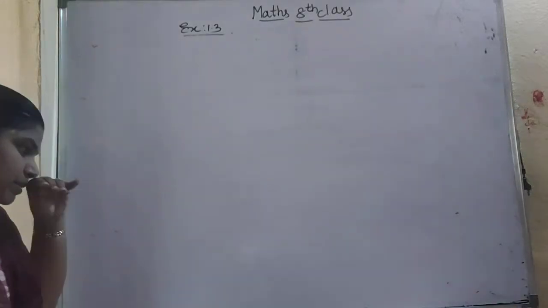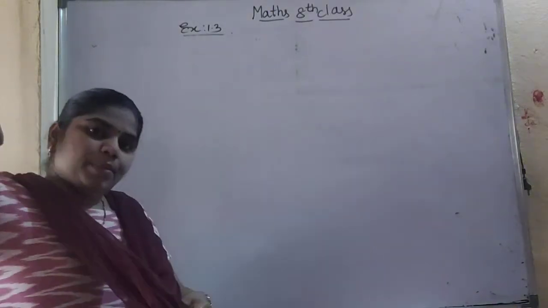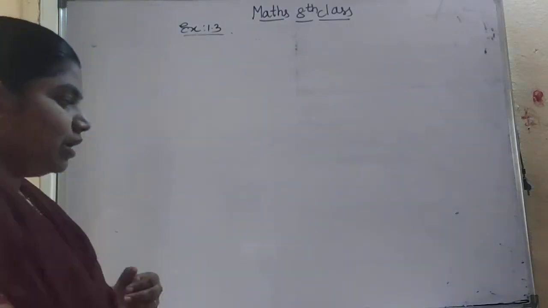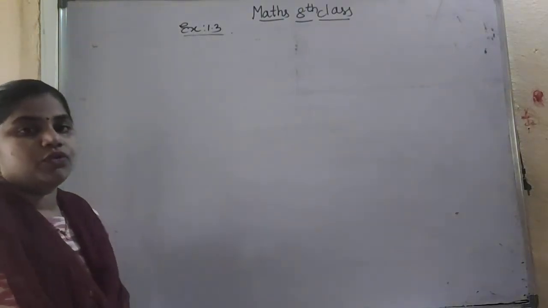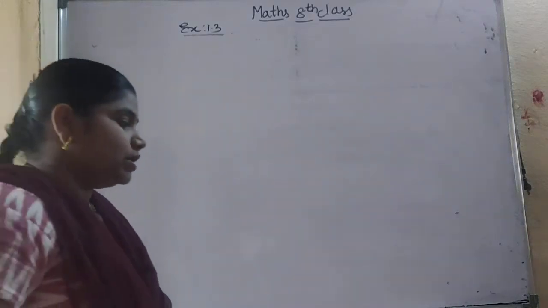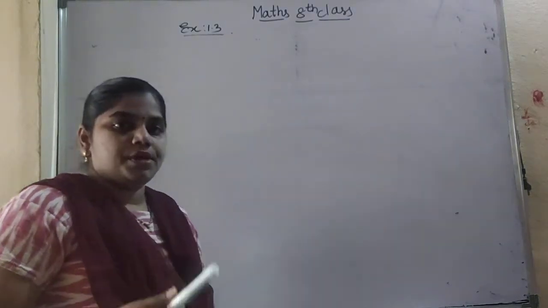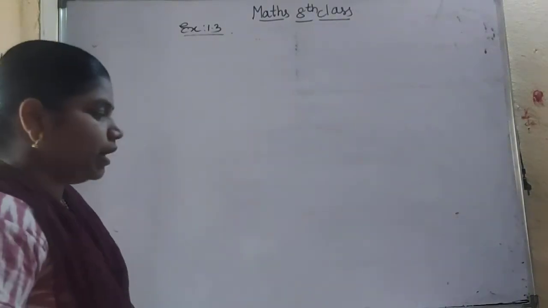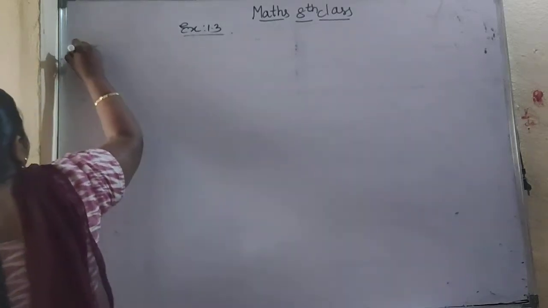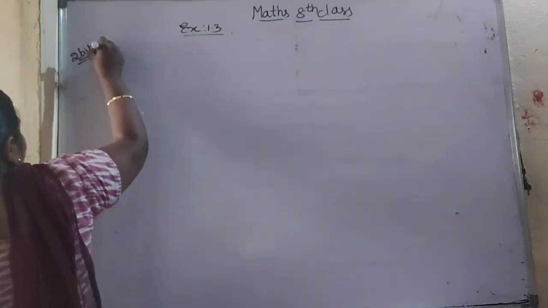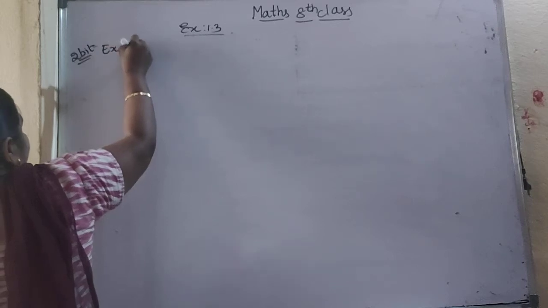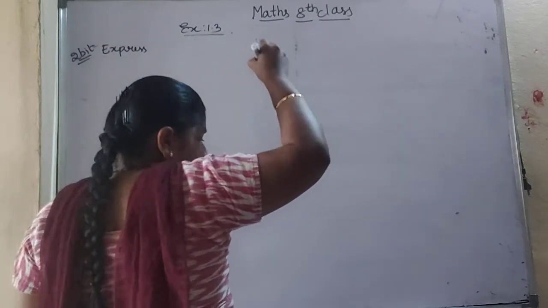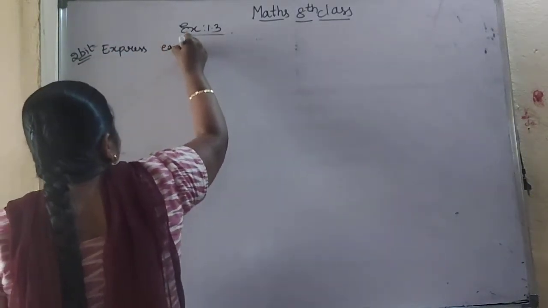Second bit, express the following decimals in the form of p by q. Again some decimal numbers, which are non-terminating repeating decimals. We have to convert these non-terminating repeating decimals into p by q form now.